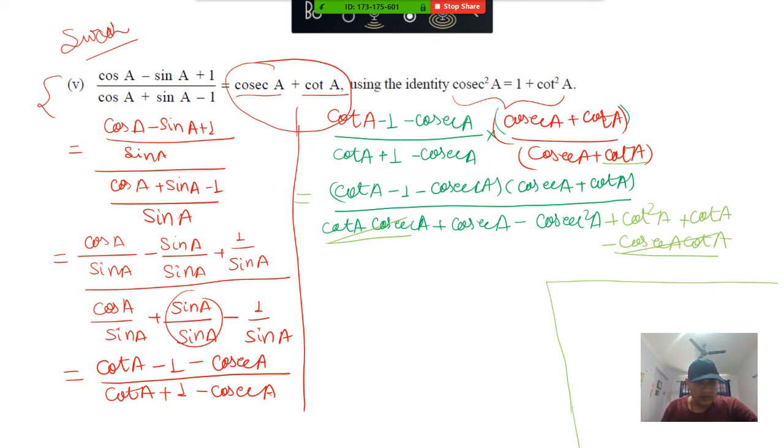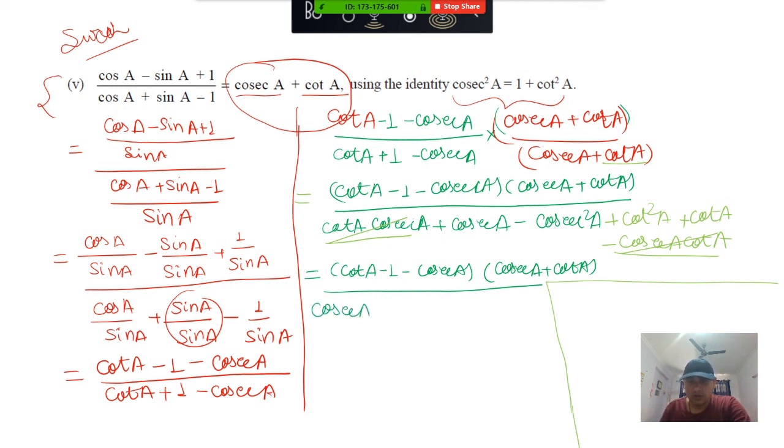Okay, let's make it a little bit darker.